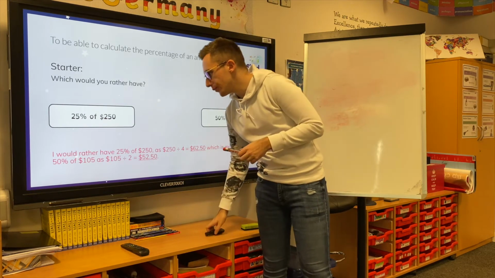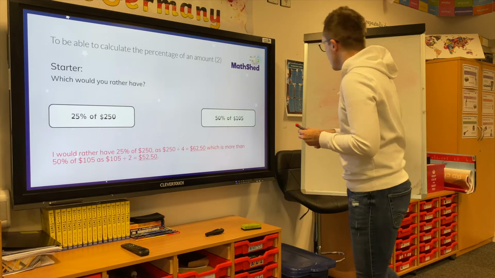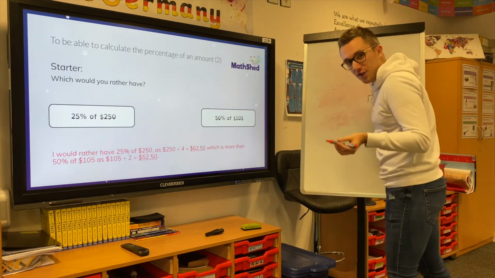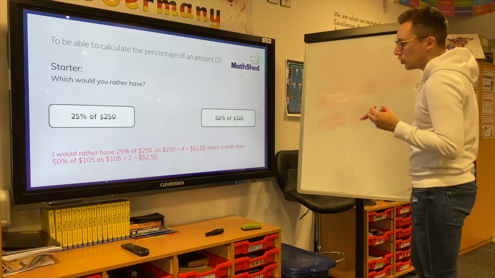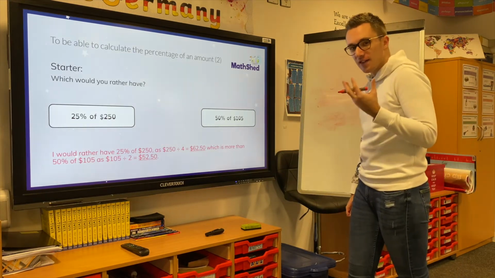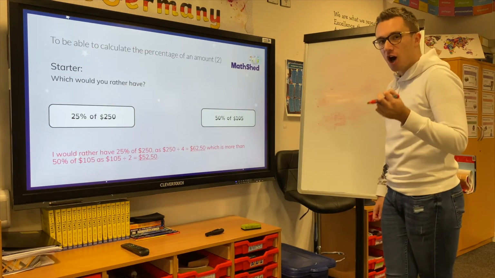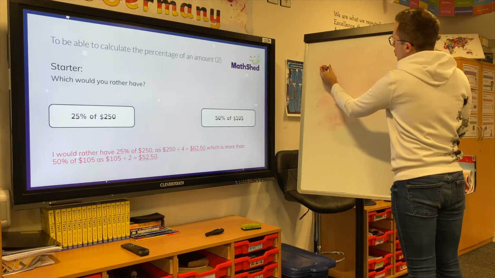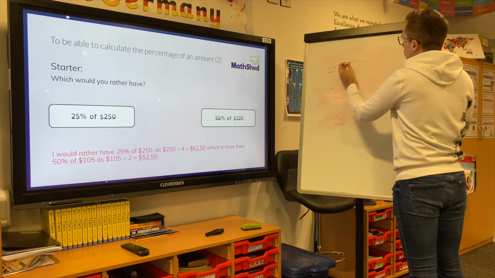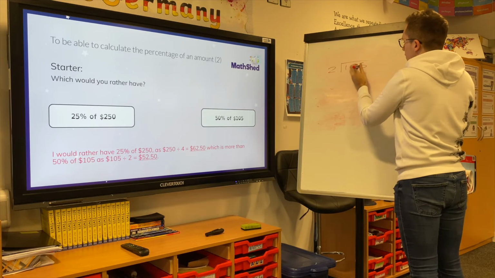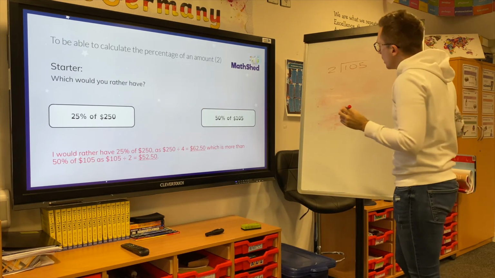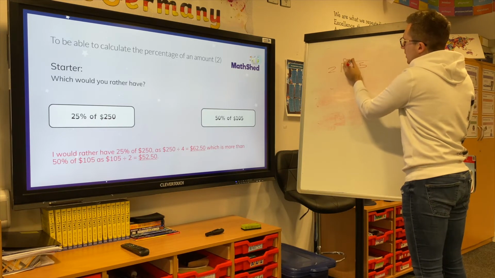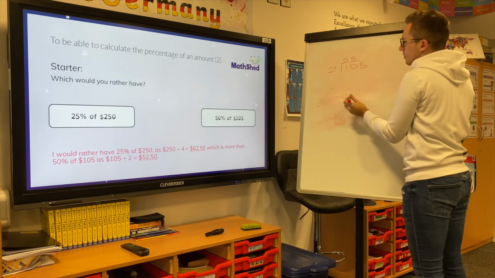I'll show you. So, if we were doing 50% of 105, we know we divide it by 2. Now, you may be able to do that in your head, and that's absolutely fine. But if you can't, this is what you would do. We would do 2 into 105, bus stop. 2 into 1 doesn't go, so we carry it. 2 into 10 goes 5 times.